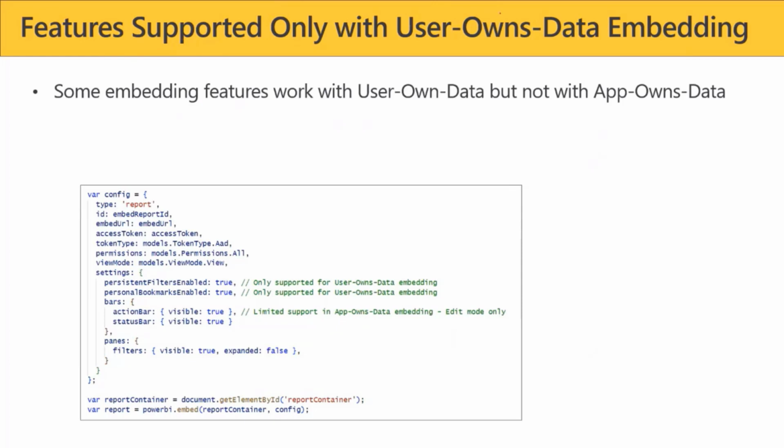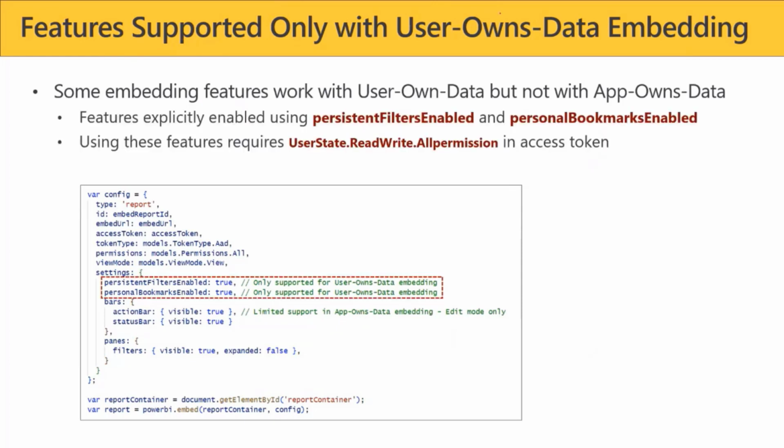Now, if you're going to use either of these features, persistent filters or personal bookmarks, you have to get one extra permission in your access token that catches some people off guard, and that is basically the UserState.ReadWrite.All permission.